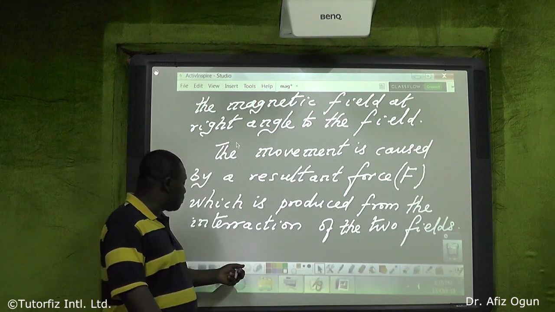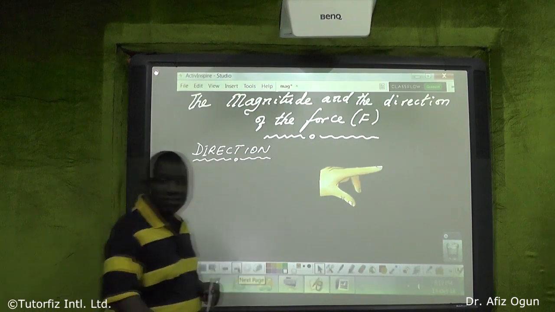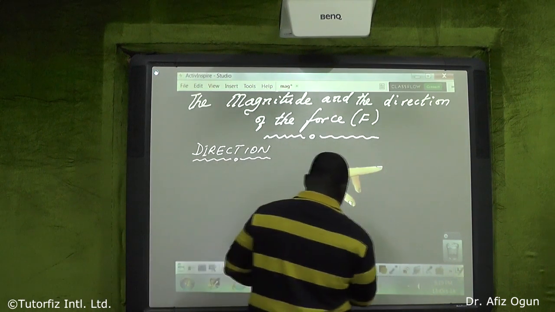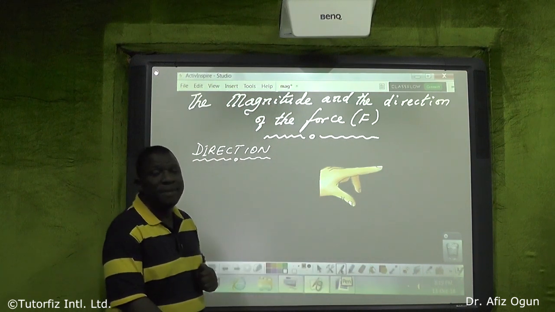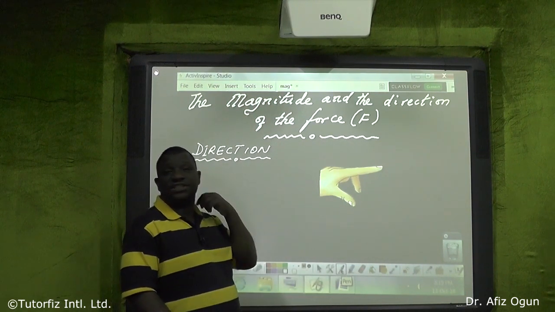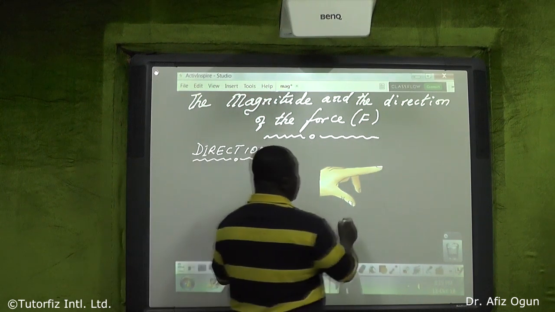So let's look at the direction. Let me remind you about the direction of this force we are talking about. Remember, in my last video, I used the thumb, when I was teaching this in IGCSE. But now I have another thing which you will remember more.